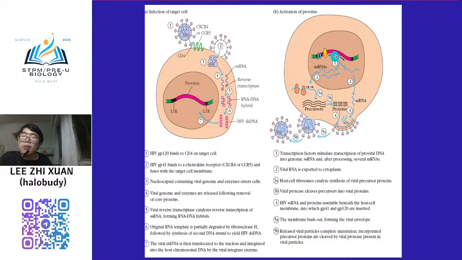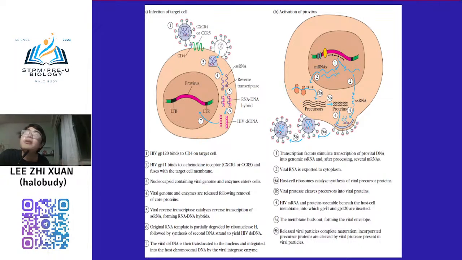But your DNA now contains the viral DNA already, and your cell does not know. It only knows this is DNA. So RNA polymerase just goes on, transcribes and forms mRNA. So now your mRNA is viral mRNA, not the usual mRNA. Then this mRNA exits as usual and undergoes translation. So the cell does not know either.